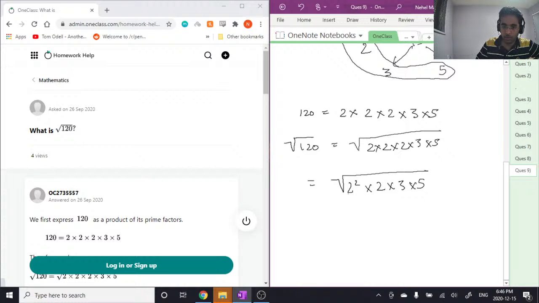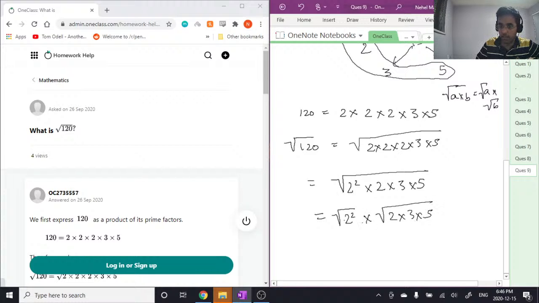Now, we need to remember that if we have under root of a times b, this is nothing but under root of a multiplied by under root of b. Therefore, using that property, we can separate this 2 squared and say this is equal to under root of 2 squared times under root of 2 times 3 times 5.